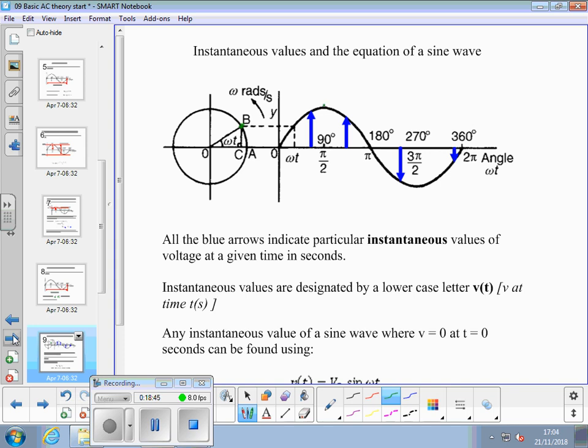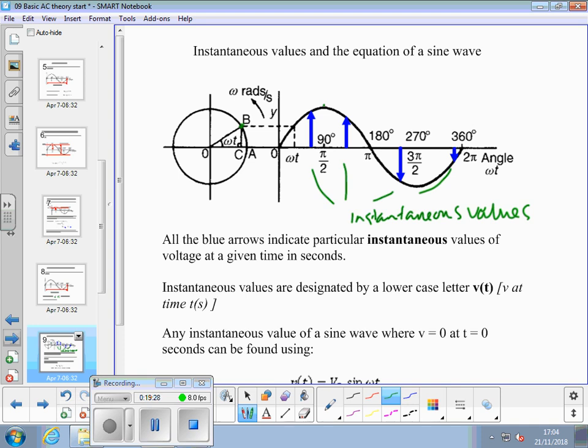These blue arrows all represent instantaneous values at a point in time. So it's what the voltage is at a given time in seconds. Instantaneous values are always designated by a lowercase letter, for example v(t), the voltage at time t.